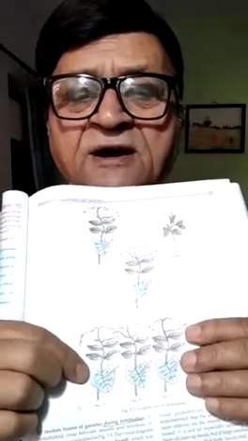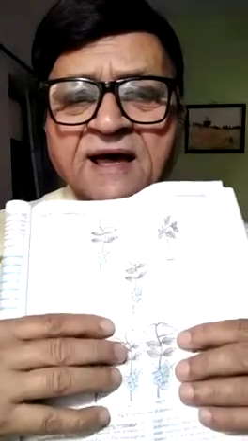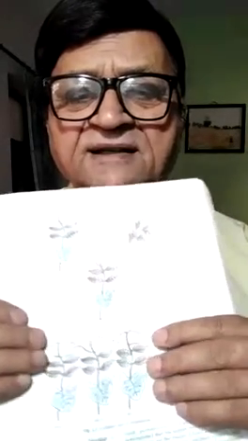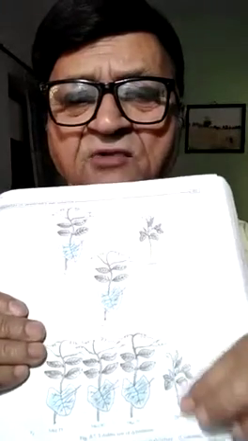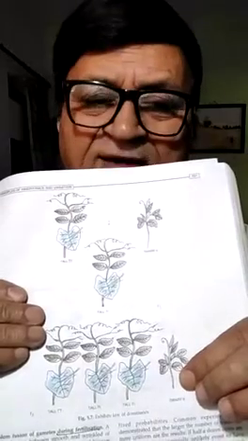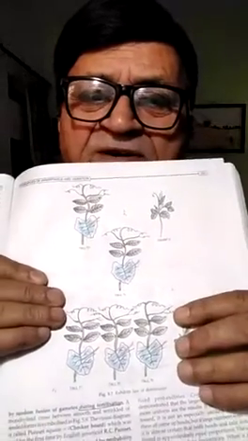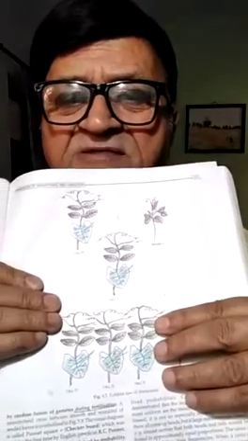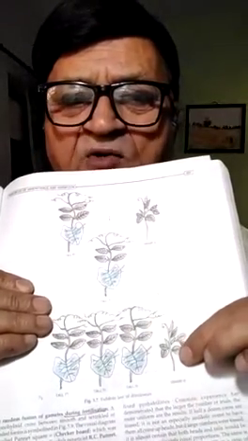Pure tall is denoted by capital T capital T, and hybrid tall is denoted by capital T, small t, and dwarf plant is shown by small t. So capital T capital T is homozygous, capital T small t is heterozygous, and small t small t is homozygous.